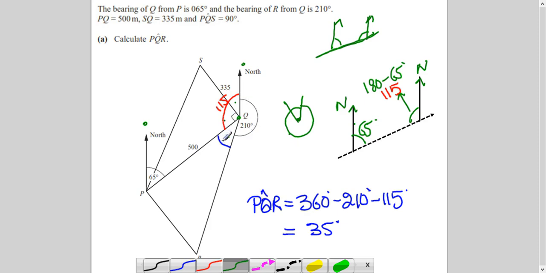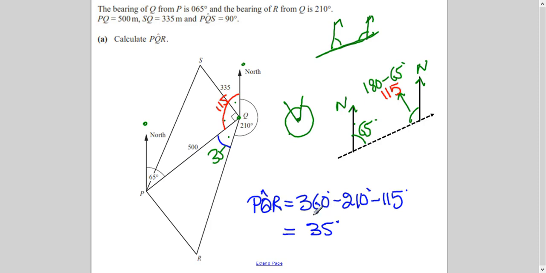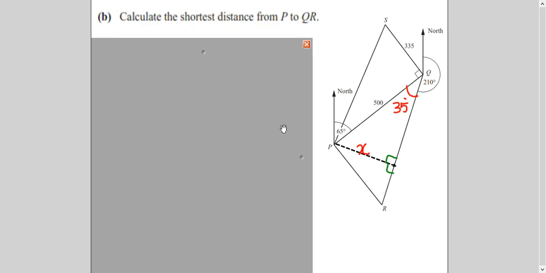So I will do 360 minus 115 minus 210 and I get 35. So I can say PQR is equal to 35 degrees. This is how you will calculate this angle. We applied the property of interior angles and then the property of angle at a point, and we found this angle.